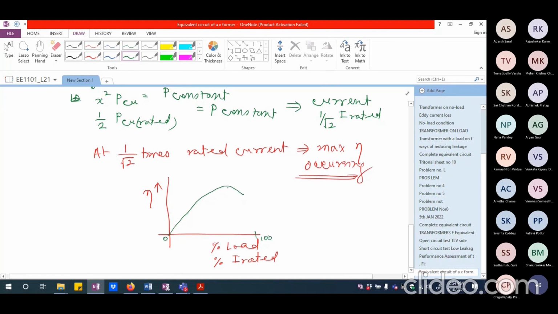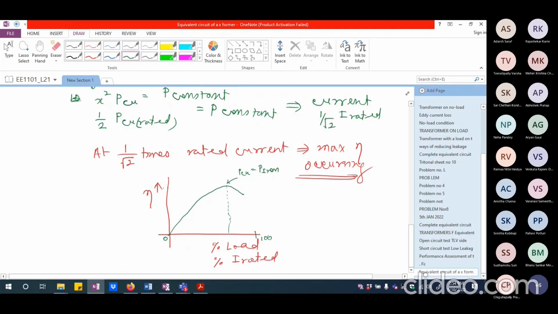Where the peak efficiency occurs, you are going to have P copper equal to P iron. Wherever the peak efficiency occurs, that is where the copper losses and iron losses will be equal to each other. So this is the way the transformer efficiency plot normally looks.